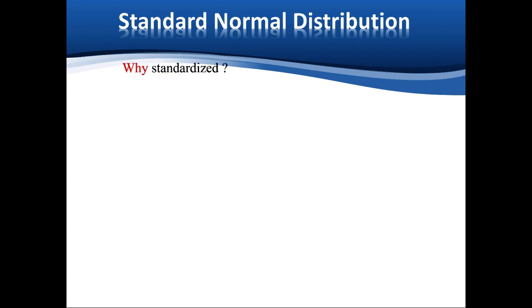For any normal distribution with mean mu and standard deviation sigma, we can transform it into a standard normal distribution. Why standardize? Because the standard normal distribution is the simplest one. Then, how can it be standardized? By the z-score formula.